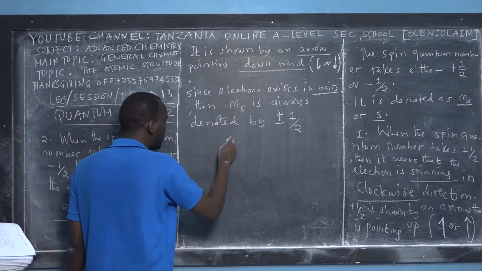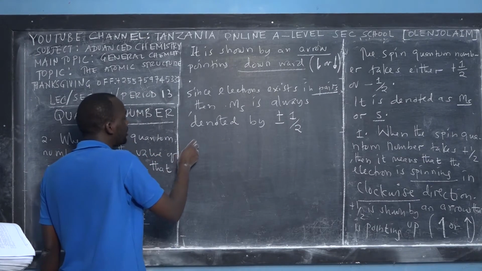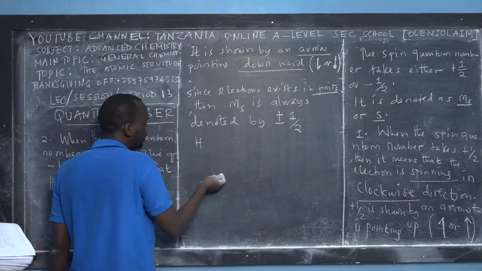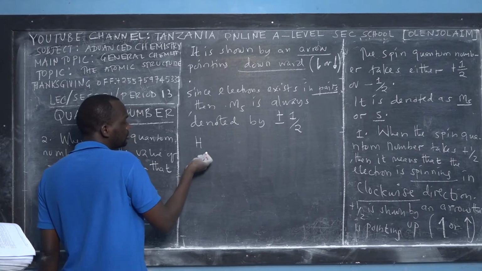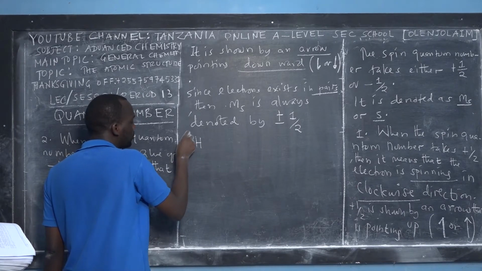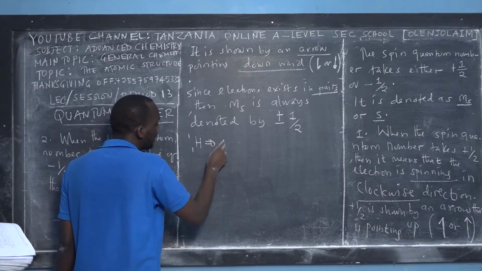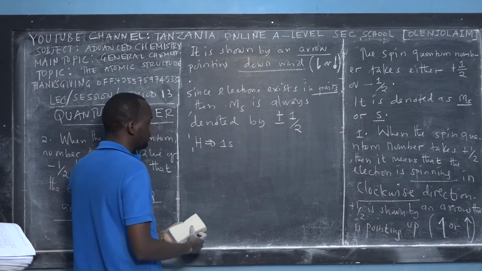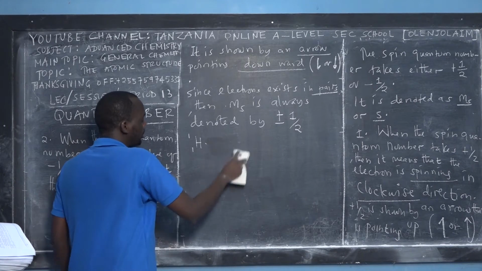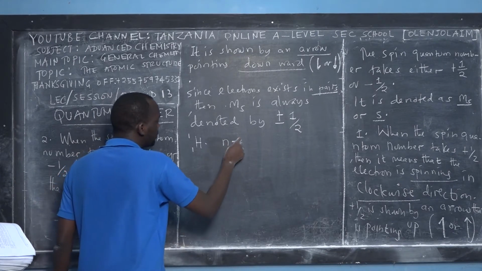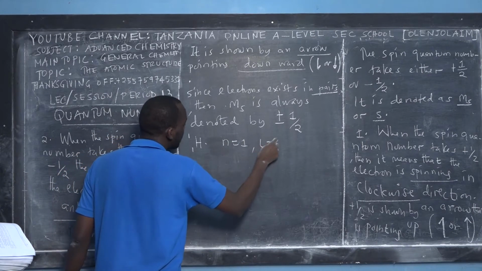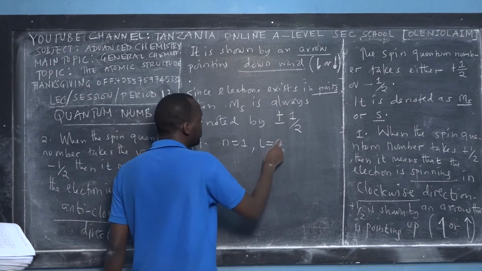This means that, for example, for hydrogen, which contains only 1 electron, its atomic number is 1, atomic mass is 1. So it is only a 1s orbital. Let's say that n is equal to 1. So its subsidiary quantum number is equal to 0.